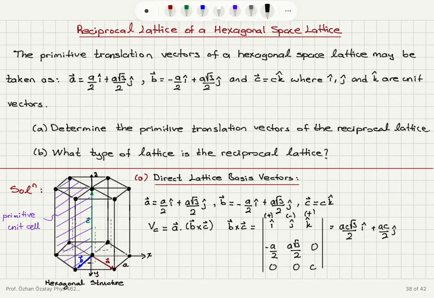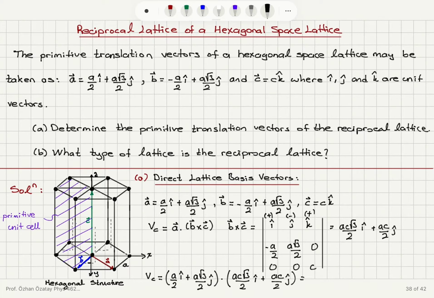Okay, now I'm ready to evaluate the volume of the primitive unit cell. The volume of the primitive unit cell will be the dot product of a over 2 i hat plus a square root 3 over 2 j hat with this cross product, ac square root 3 over 2 i hat plus ac over 2 j hat.